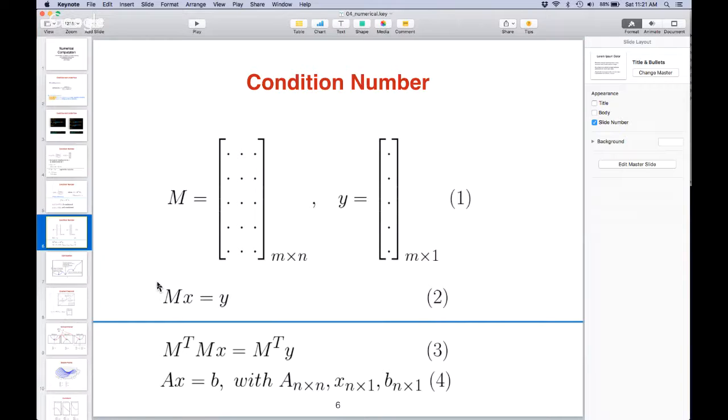So you're trying to find the best solution that minimizes an error, a loss function. So you can't solve exactly for y. So here you're solving for M transpose y. That's the best you can do with the data set you have, because you're trying to learn from data in machine learning.